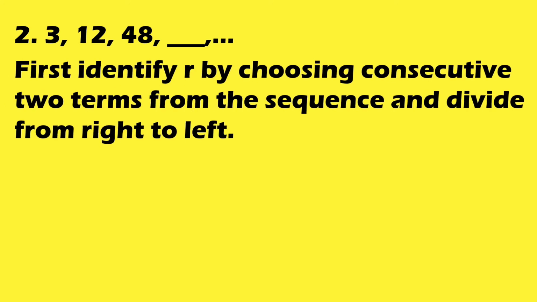Number 2: 3, 12, 48, blank, and so on. First step, identify r. In this case, I will choose 48 and 12. 48 divided by 12 is 4.